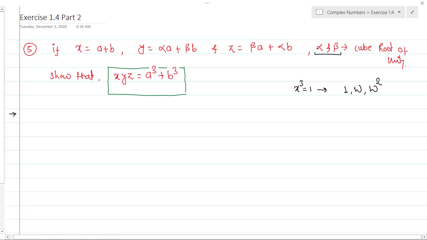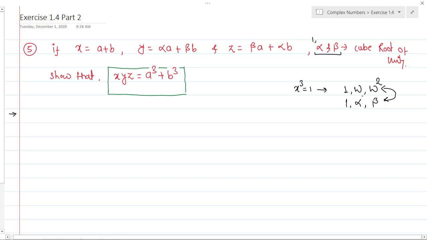So what will be the third one? Of course, the third one is always 1. So it is 1, alpha, and beta. They have just given the cube roots of unity in a different fashion. The meaning will remain the same. Alpha means omega, beta means omega square, and 1 is 1.